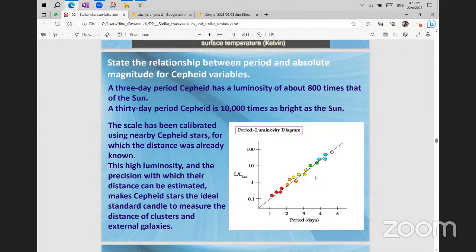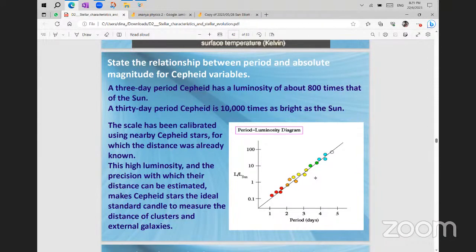Look. Finally, a 3-day period suffix variable. Do you know what a 3-day period means? It takes 3 days to glow up and down. It's not a binary star. This is really just staying there and glowing up and down.